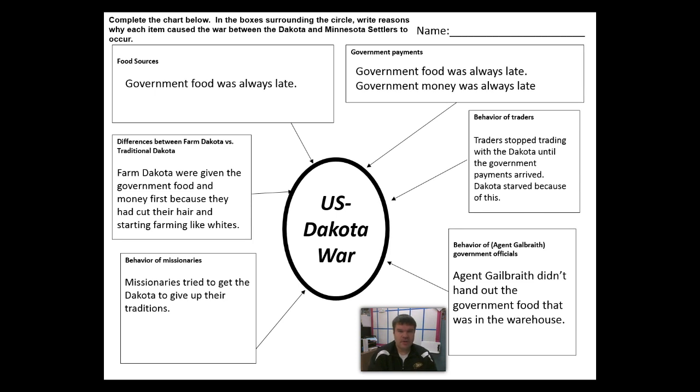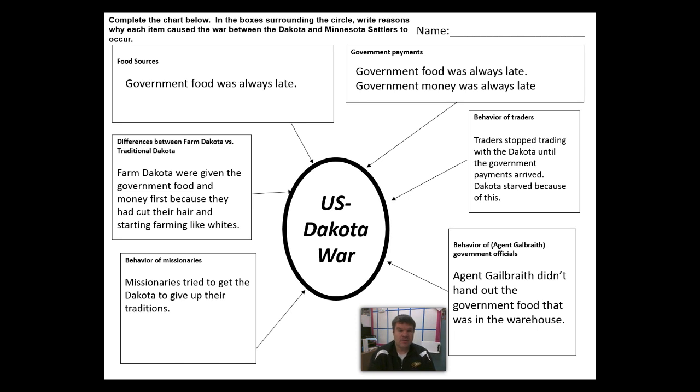And so some Dakota who cut their hair short, who started farming, became known as the Farm Dakota. And they were the ones that were given the food and the money payments first. And then the traditional Dakota, the ones who wanted to keep their traditions, who didn't want to cut their hair, who didn't want to be like the white man, were forced to wait longer to get that food and that money.